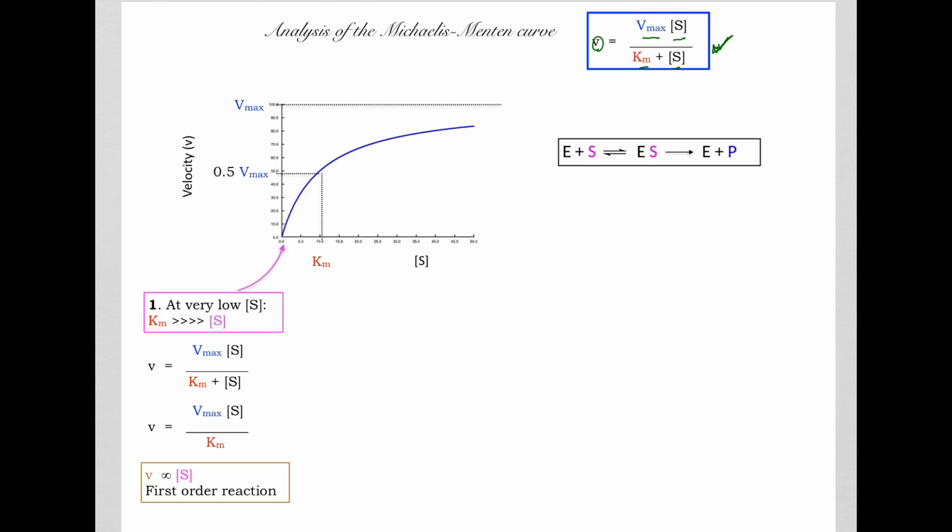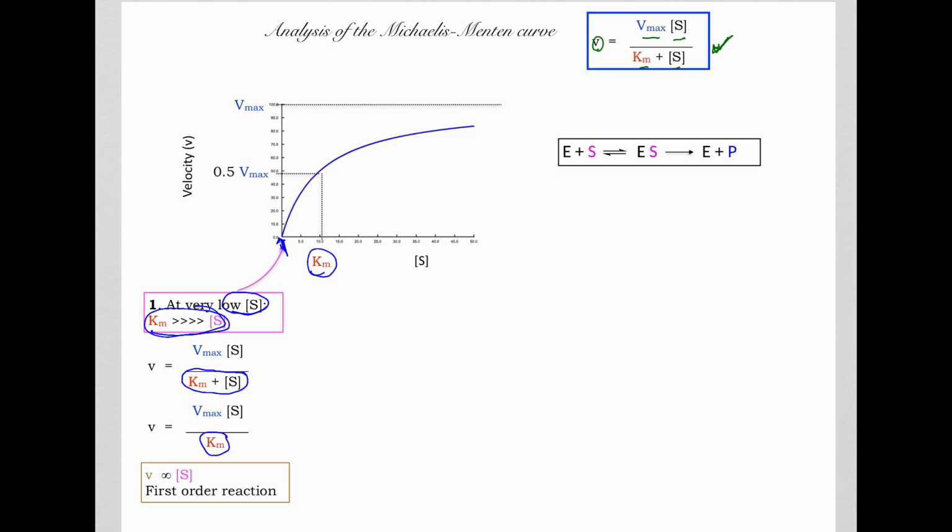So when the substrate concentration is very, very small compared to Km, in other words, Km is much, much larger than the substrate concentration, then adding Km to the substrate concentration is more or less equal to Km.